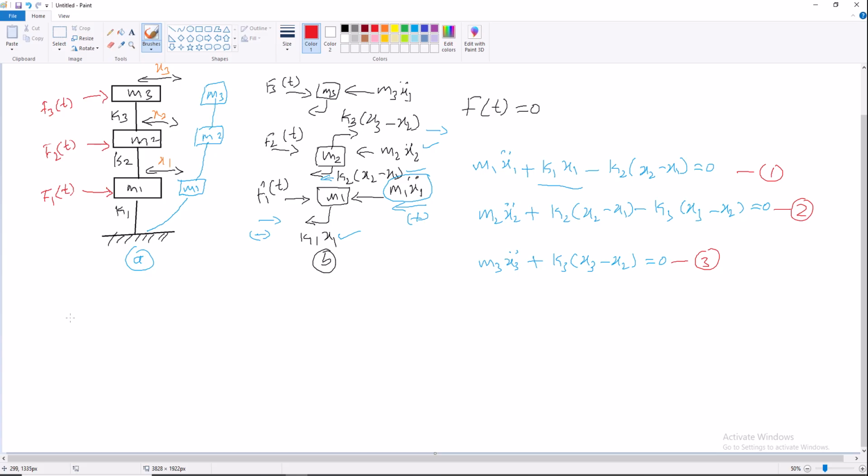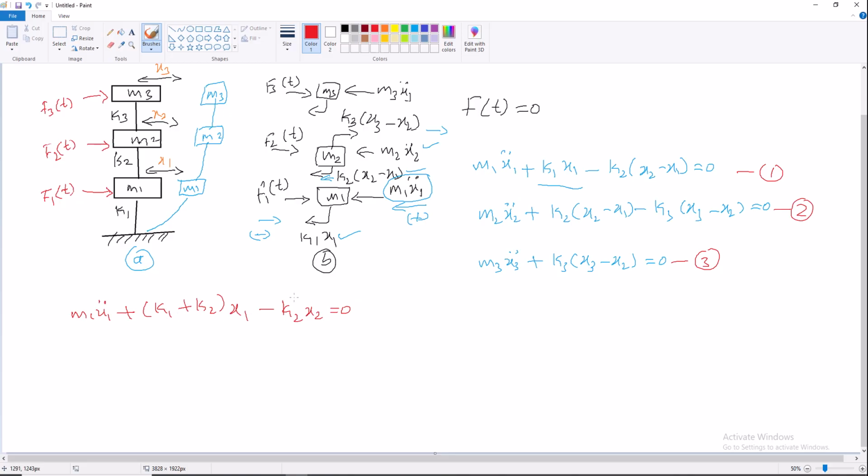Equation 1, I am just rewriting: m1 x1 double dot plus (k1 plus k2) times x1 minus k2 x2, which is equal to 0. I have rewritten equation 1, with m1 x1 double dot as it is.